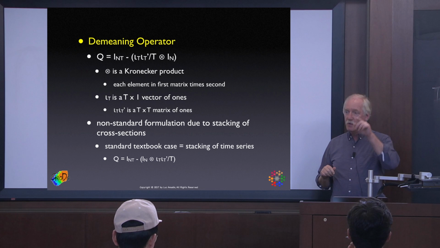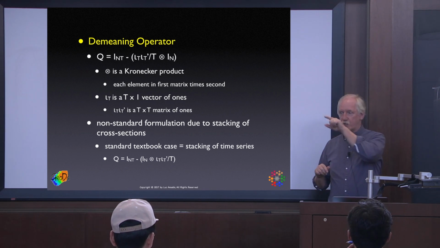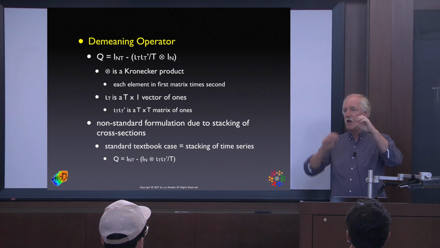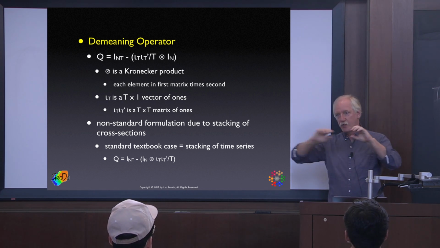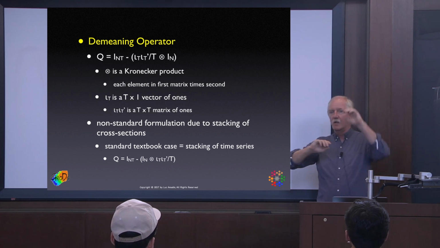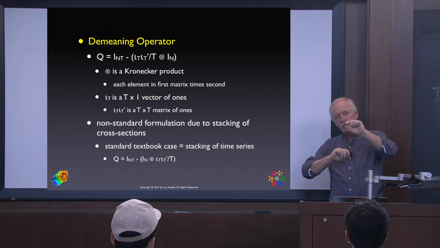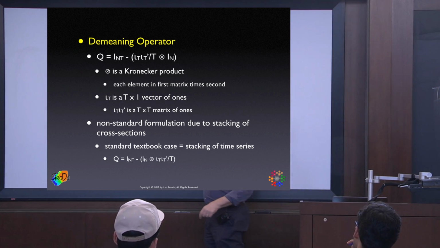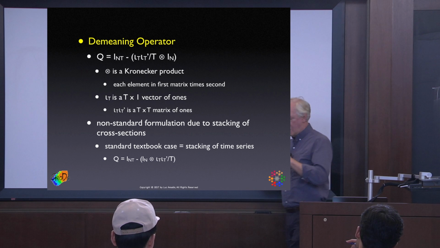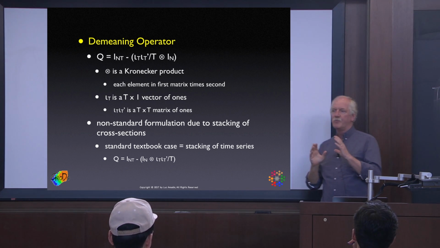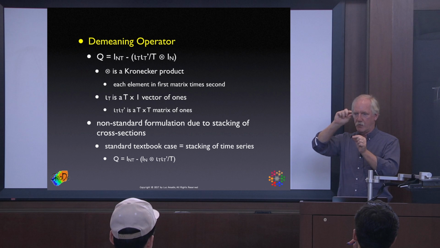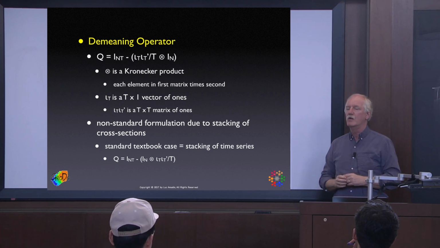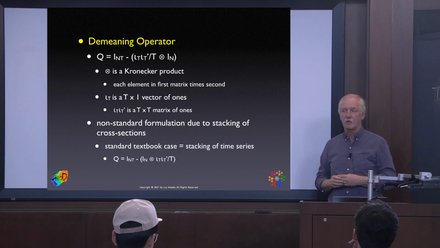So if you have little time series, one for each cross-section, then it's very easy to get the mean over time. If you have them organized as cross-sections for different time periods, then you have to keep track of the same cross-section at different points in time. So that makes this kind of weird looking because this I_T by I_T prime, so that's a column vector of ones times a row vector of ones, so that's a square, T by T square of ones, right?